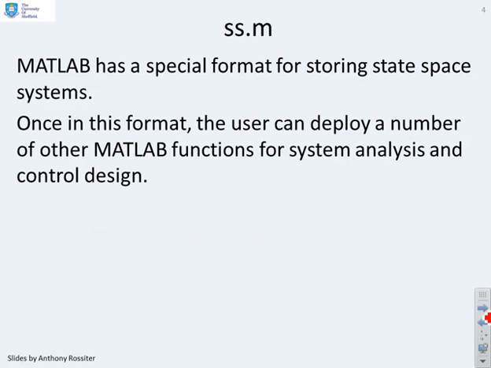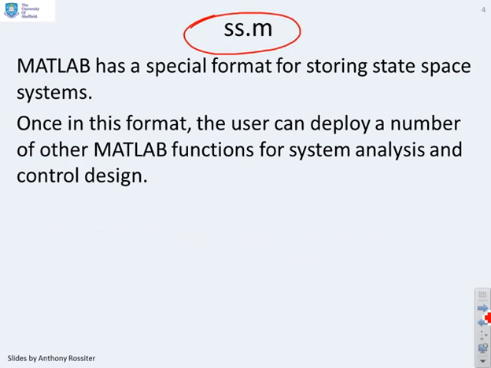First examples then. Now this file ss.m is probably the most important file you'll find on MATLAB, and it's a specific format that MATLAB has created for storing state space systems.